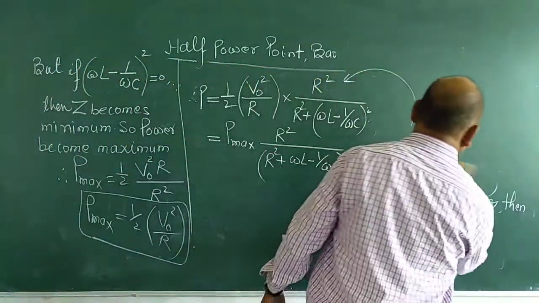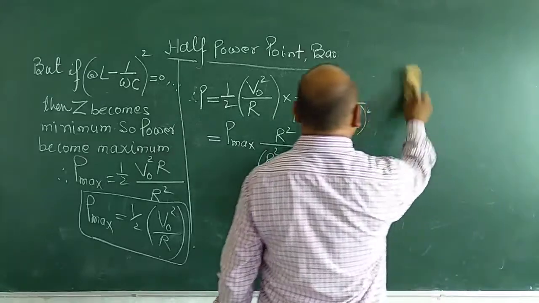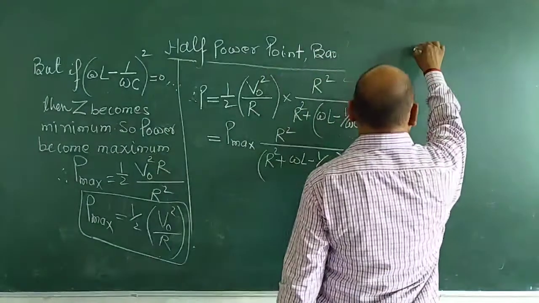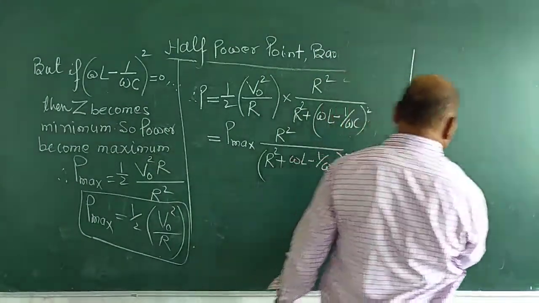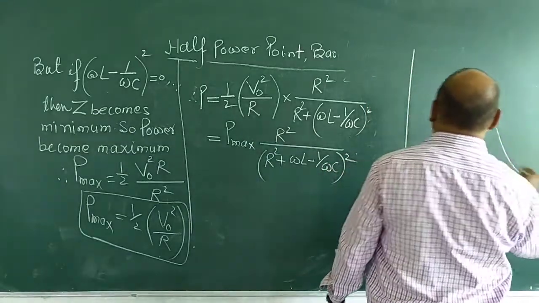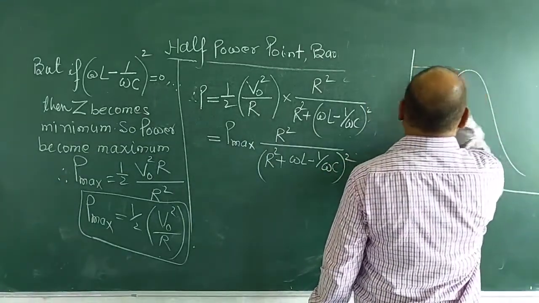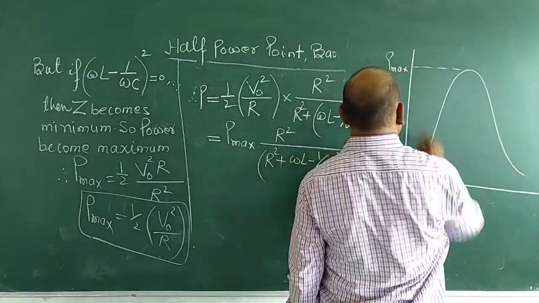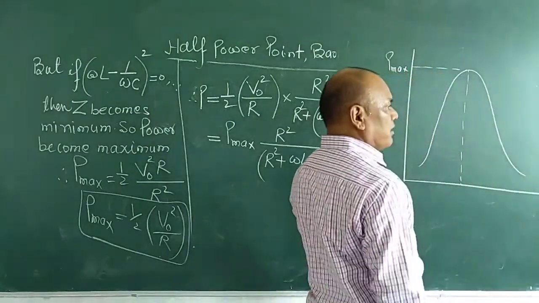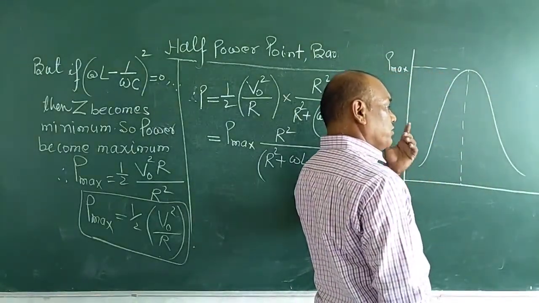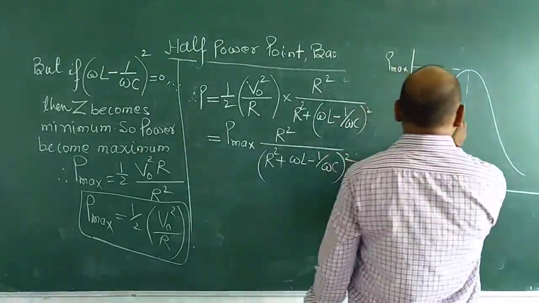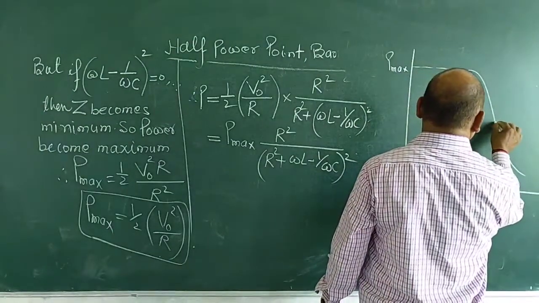Now here this is P max. This is the value of P max, where omega L minus 1 by omega C whole square is equal to 0. So this will be omega 0. Now we take two points here.